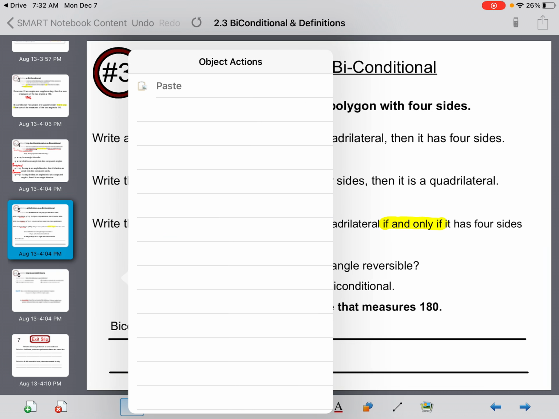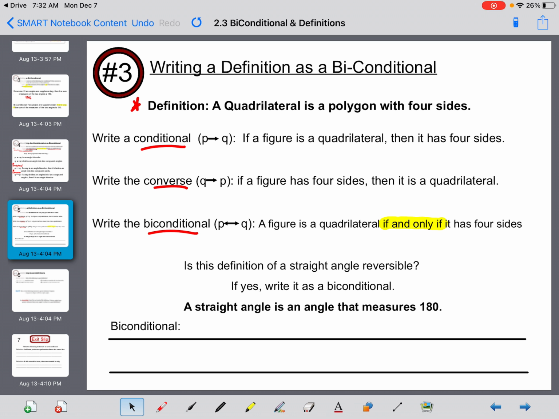Okay. Next part, is the definition of a straight angle reversible? If yes, write it as a biconditional. So a straight angle is an angle that measures 180 degrees. Okay, we know that straight angles mean 180. So this statement is true, which means we have to write it as a biconditional.